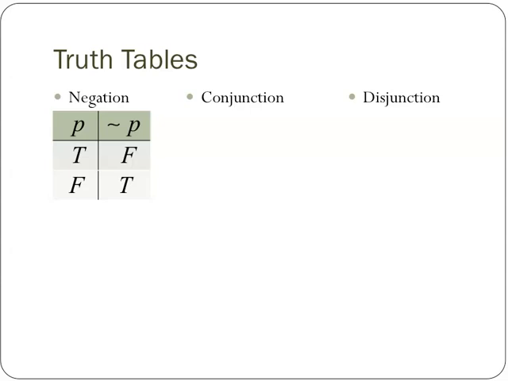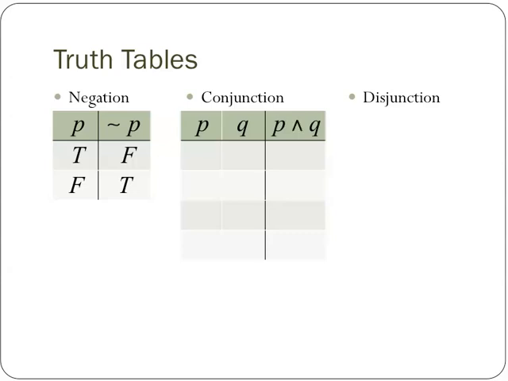All right, now let's move on to a conjunction. So a conjunction involves two component statements. Let's call them P and Q. And a conjunction is when you have a statement P linked to a statement Q by the word and. So here's what we're going to write here on the right, P and Q. Now you'll notice that there are more rows in this than in negation.